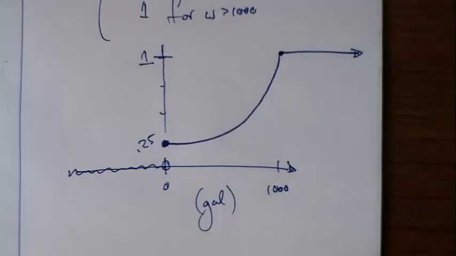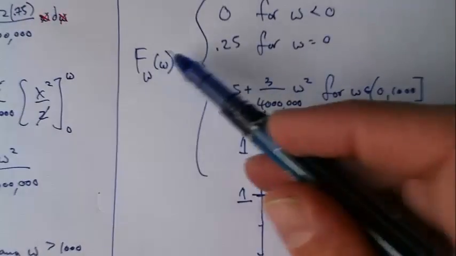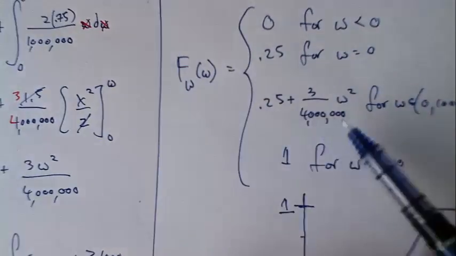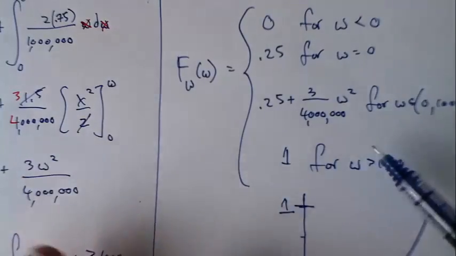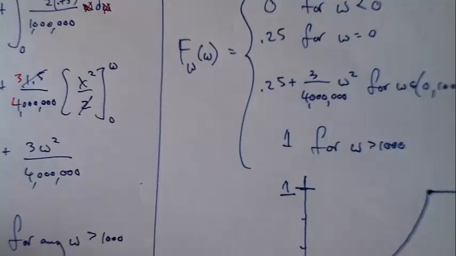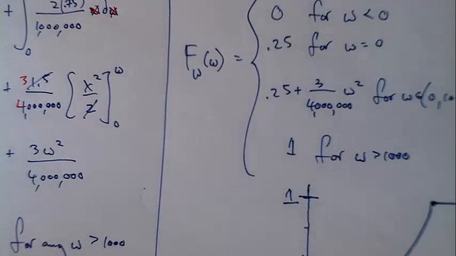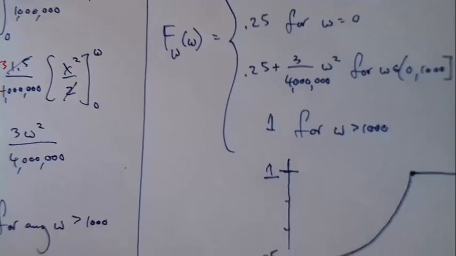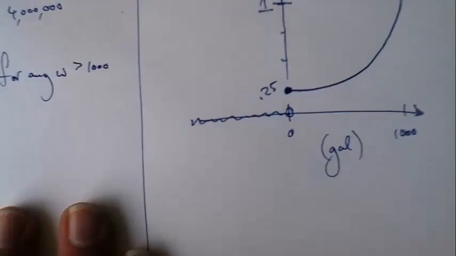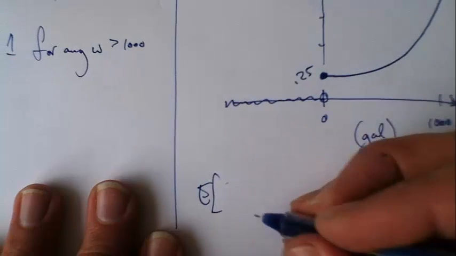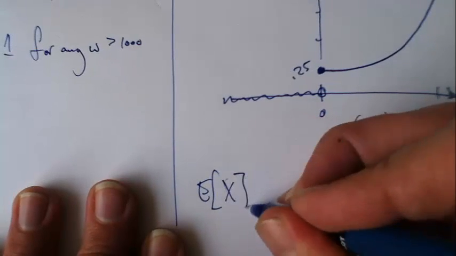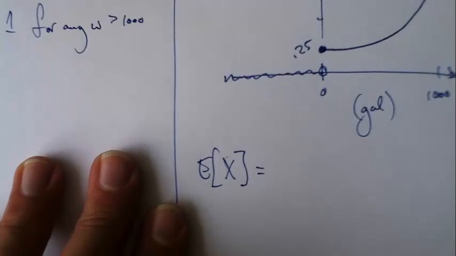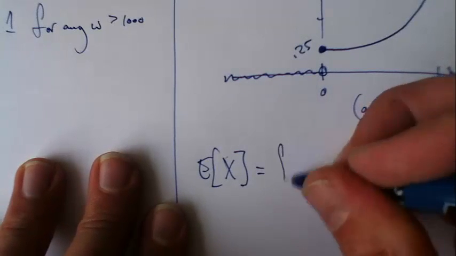Okay. Good. Now, what are we interested in here? You can certainly use this to get the chance that you use a certain amount of water or less than a certain amount of water. You might also be interested in the expected value of the amount of water. By the way, the expected value for a random variable more generally could be written using these Stieltjes integrals.